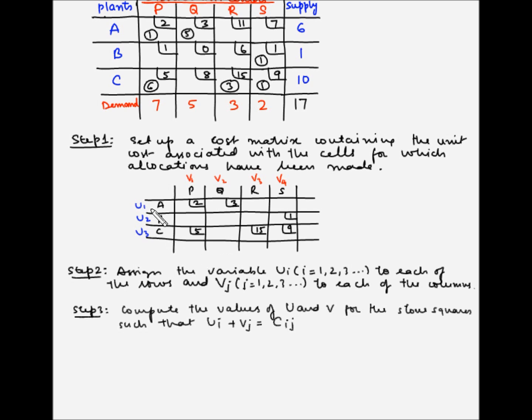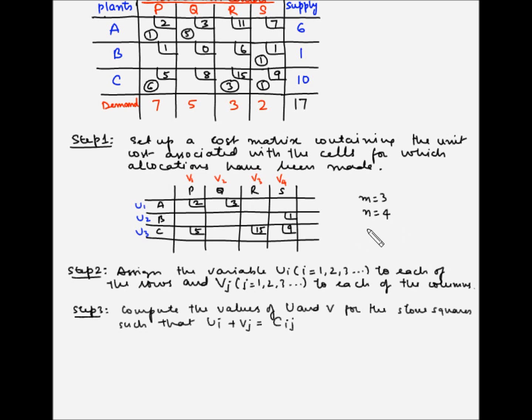Now, if we look at the number of variables we have taken, let's say the number of rows is m. So m is equal to 3, and number of columns is 4. So n is equal to 4.